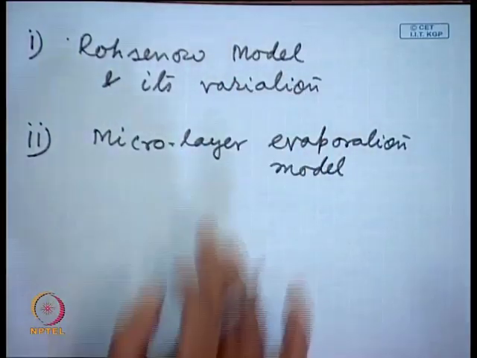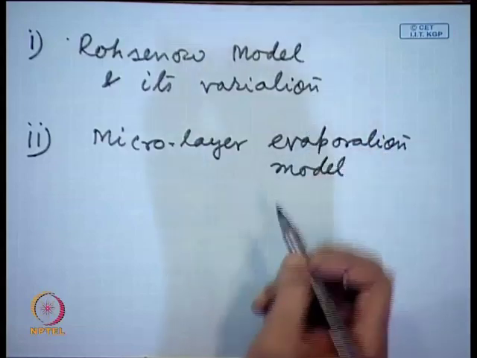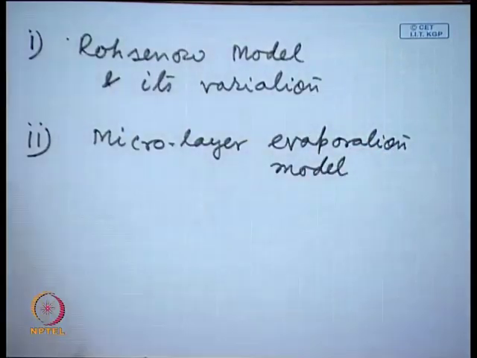Again, if we make a comparison between these two models, the Rosenhow model is much simpler. This involves a number of steps, but even then the microlayer evaporation model is good.